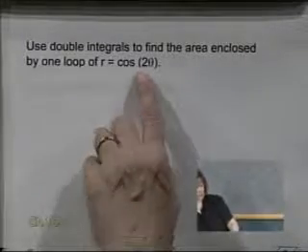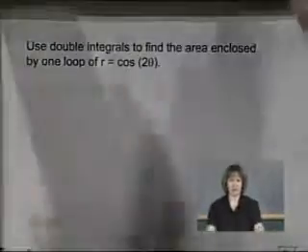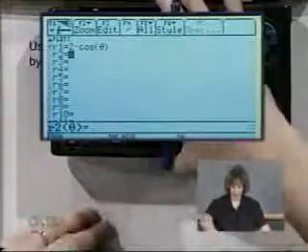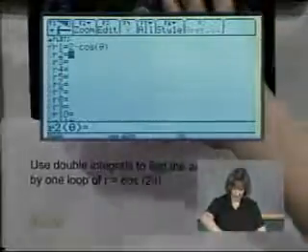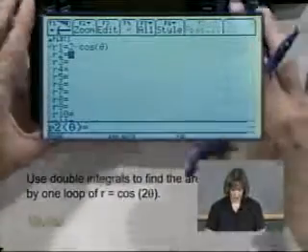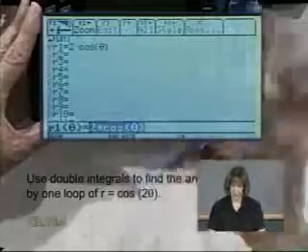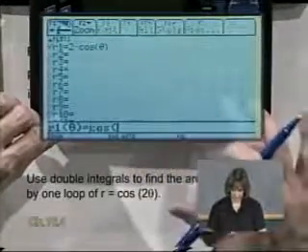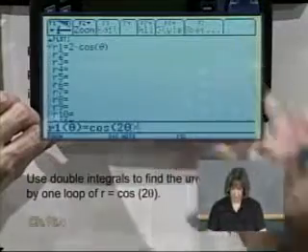First of all, most of you might not even remember what that looks like. So if we come back and I go to y equals, and fortunately I'm in polars right now, the function that I want to look at is cosine 2 theta. So I'll come up here, I bring it down, I hit clear, and I'm going to put in cosine of 2 theta.